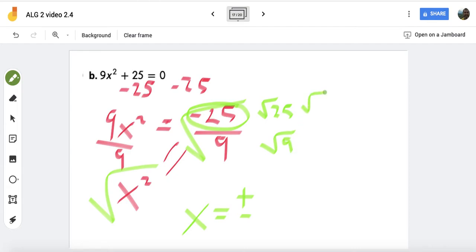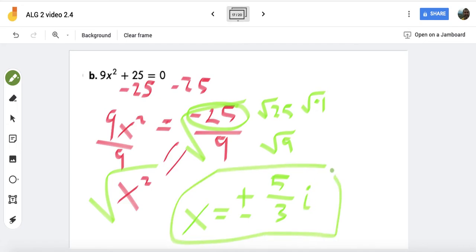I also have the square root of negative 1 up here. Okay, so the square root of 25 is 5. The square root of 9 is 3. And I still have this square root of negative 1, which is just i. So here are the answers to this equation. Positive, negative, 5/3 i.